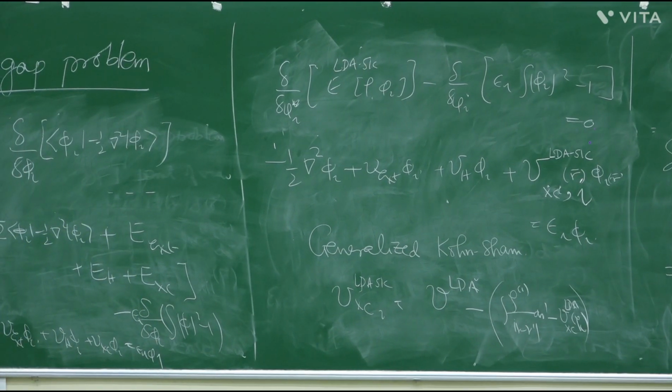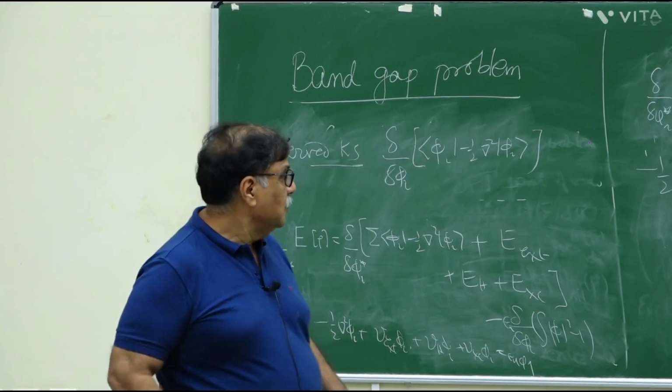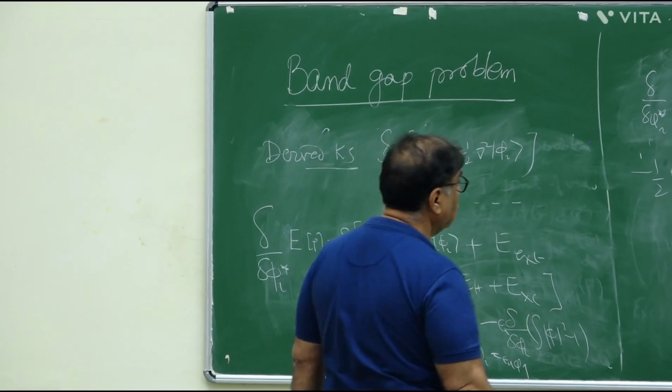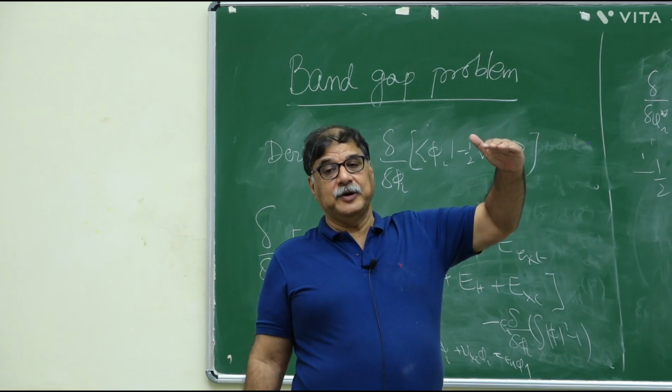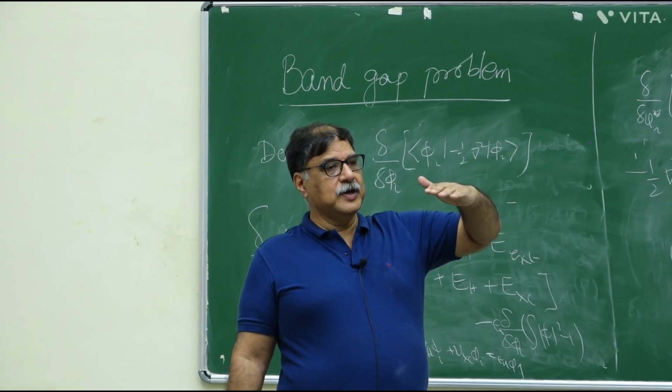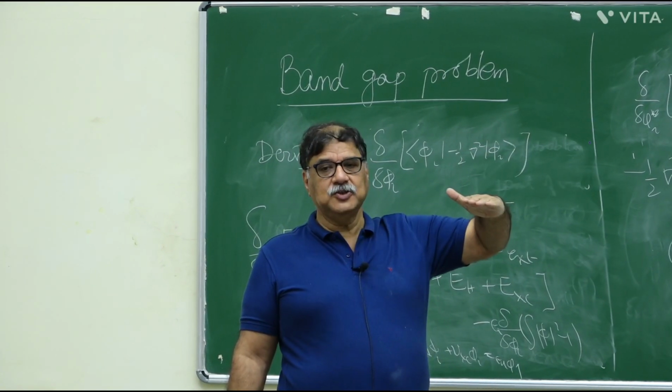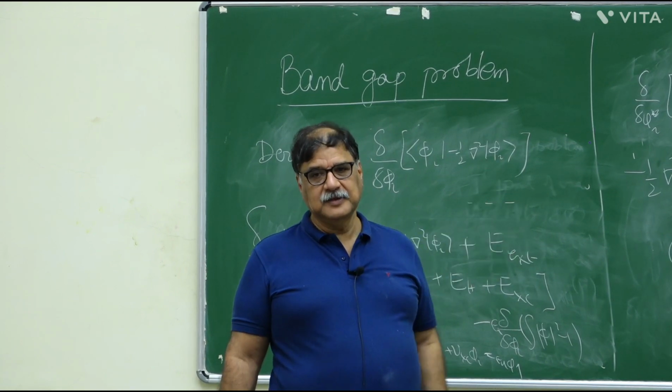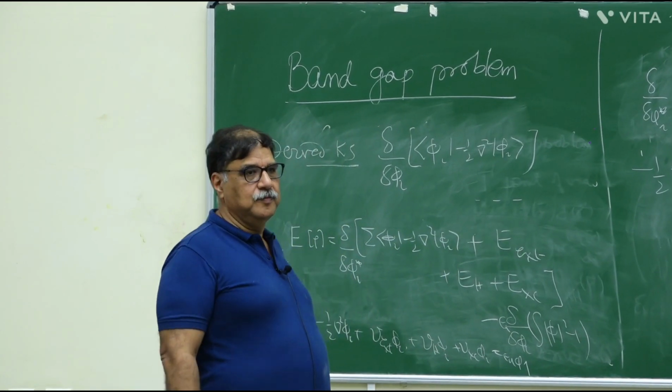So there is an extra iteration loop. You do it for each orbital, each other. So you're calculating V for each orbital separately. That's the extra effort.